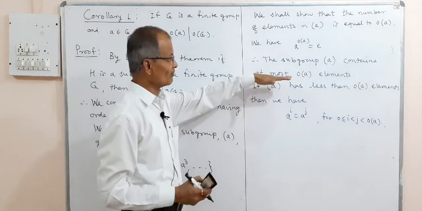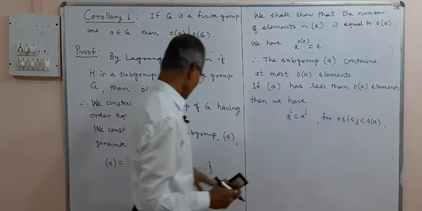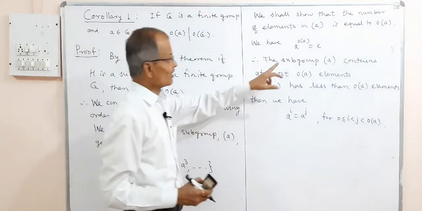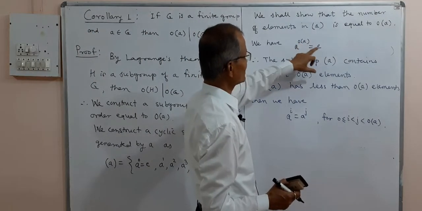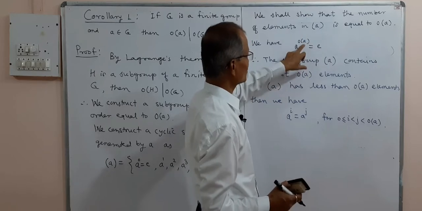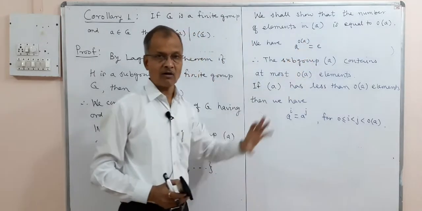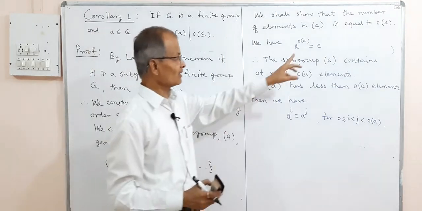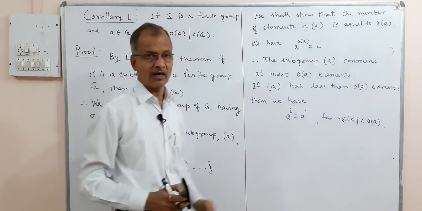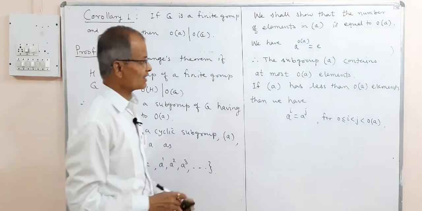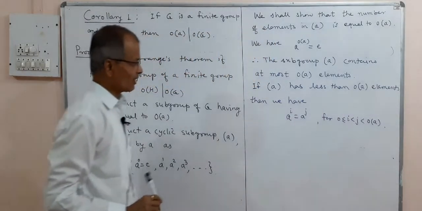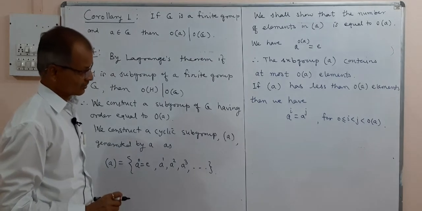Actually we have to prove that this contains exactly order of a elements. But if a raised to any number is equal to e, the order will be at most this number, because the order is the least positive integer such that it equals the identity. So if there are fewer than order of a elements, we have this relation a to the power i equals a to the power j.